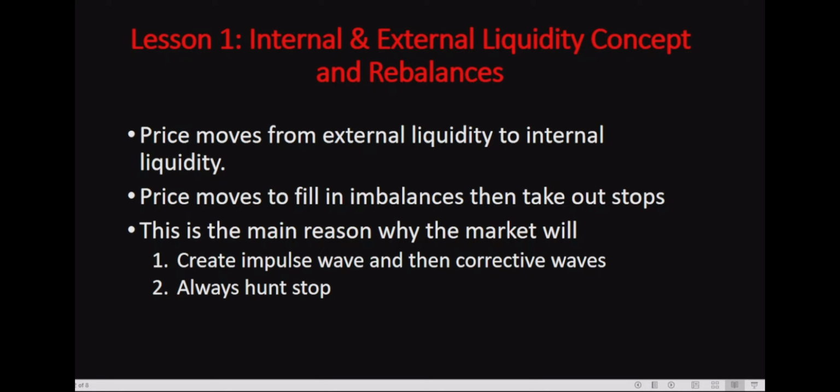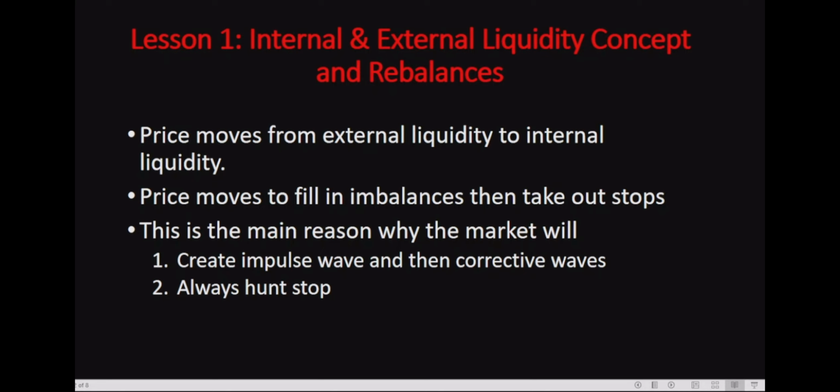You probably already know this, that whenever price is trading, we run stops, right? Buy stops, sell stops, even liquidity pools. That is what price likes to do. So these two points actually are the main reason why the market will always create impulse and corrective.